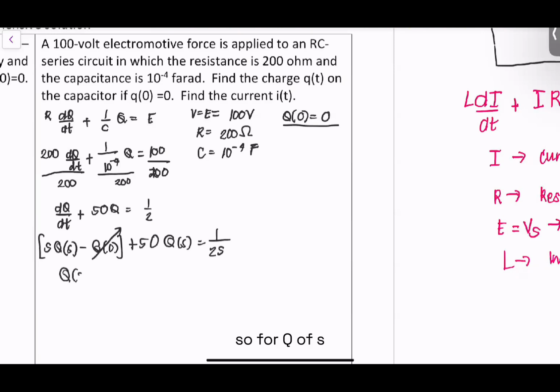So for Q of s, it would be 1 over 2s times s plus 50.